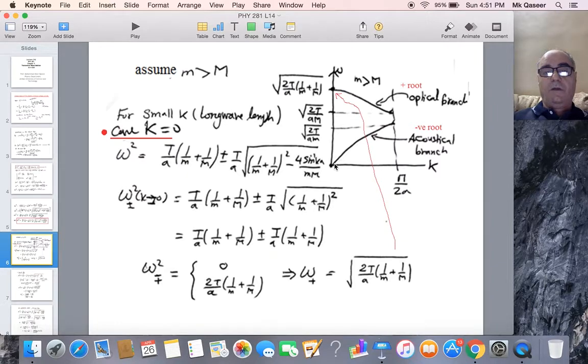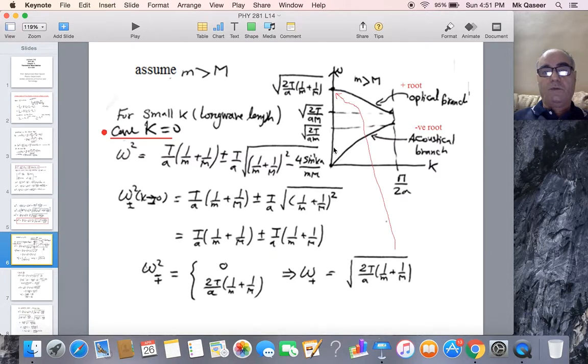Now to find the values of omega at k equals 0 for the lower branch, the first one is 0. If you substitute k equals 0 and take the minus sign, sine 0 is 0, so we get this expression. Omega square minus or plus is 0 or 2t over a times 1 over m plus 1 over M capital. So this one is the square root of 2t over am, and when you take the plus sign, you get this one.